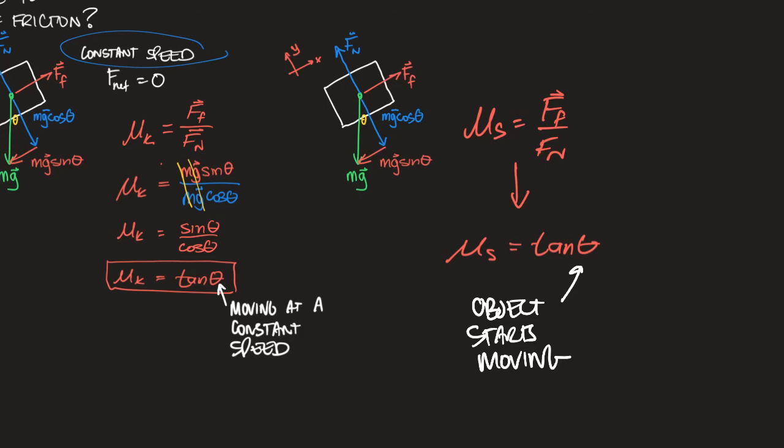Because theoretically, the object should start moving when the static friction force is overcome by gravity. So that's an easy way to determine empirically, through experiment, the coefficient of static friction and the coefficient of kinetic friction, just by playing with the slope that an object is sitting on.